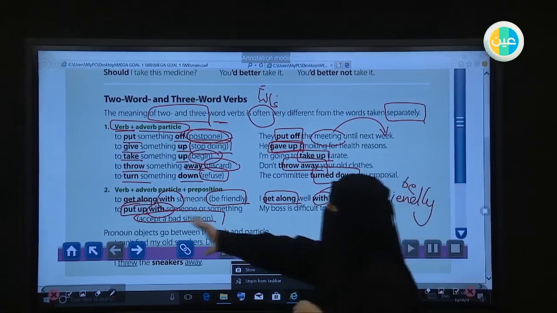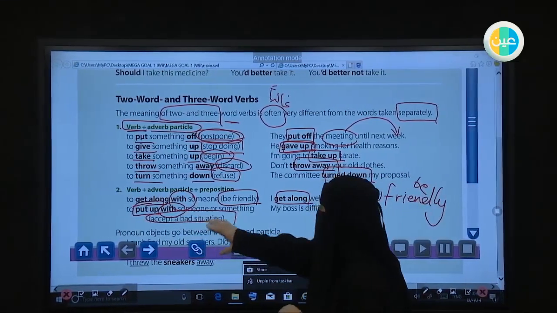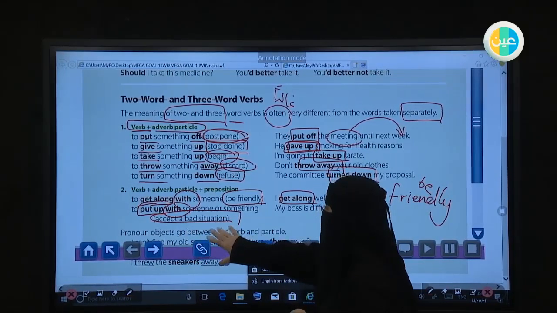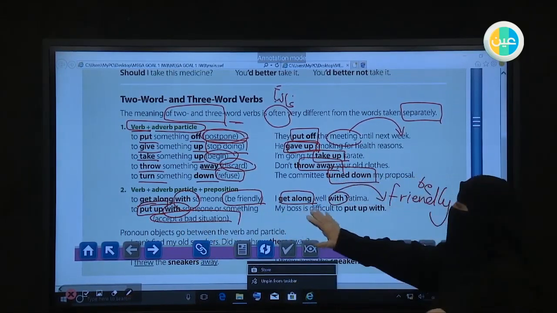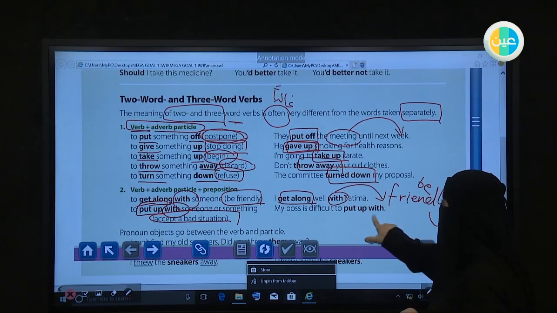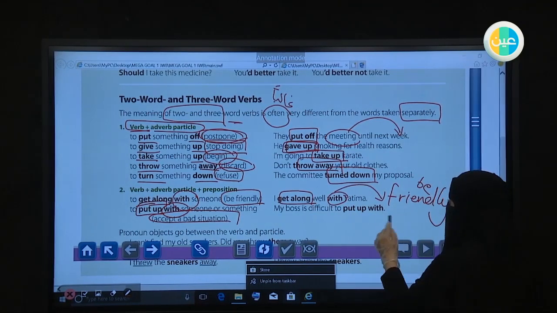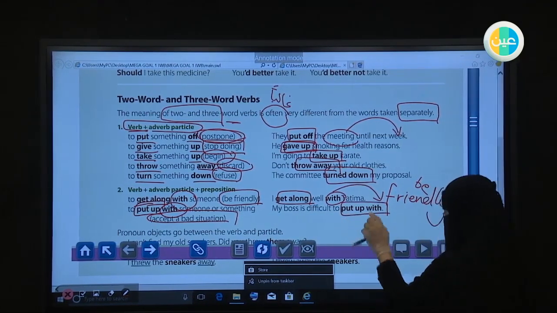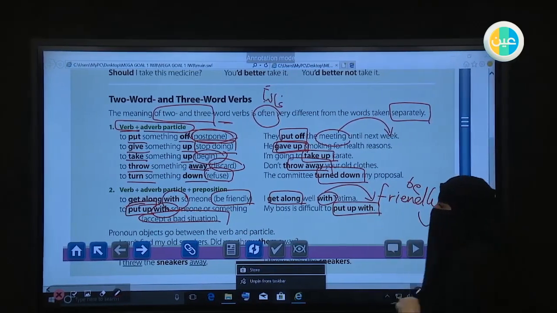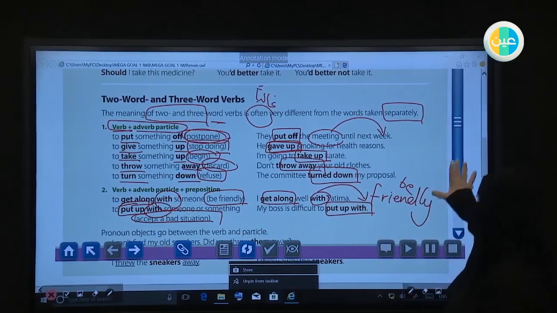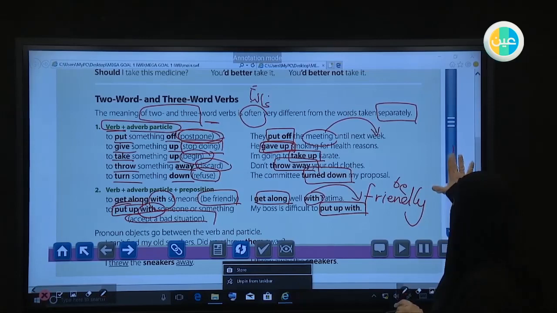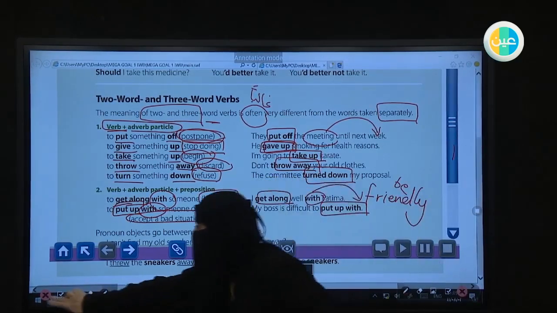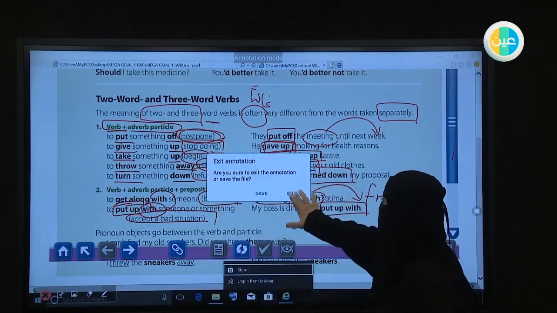Number 2, to put up with someone or something, accept a bad situation. Let me check that. My boss is difficult to put up with. Put up with means I accept a bad situation. Okay? This is the second section of our lesson today. So let's check again what we have.